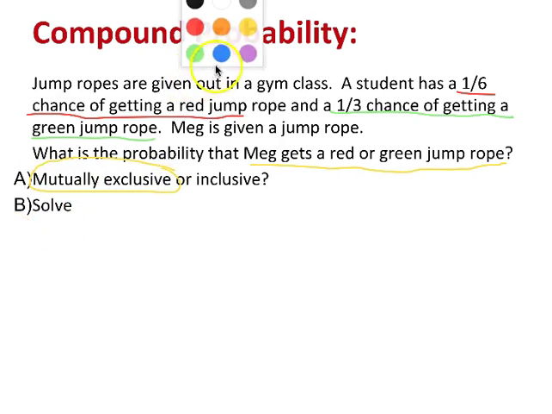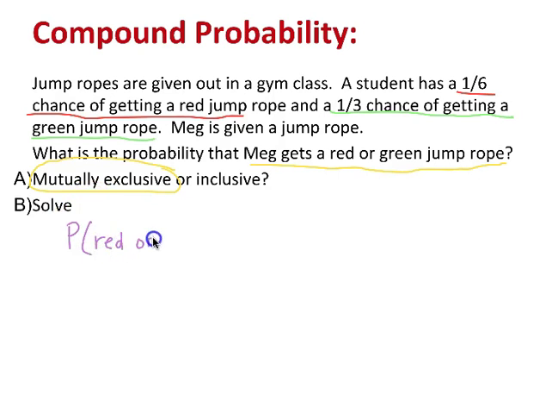And now let's go ahead and find the probability. And again, if you want to give this a try on your own first, go ahead and click pause. And then when you're ready to check your work with mine, go ahead and click play. So we are trying to find the probability of Meg getting a red or green jump rope.